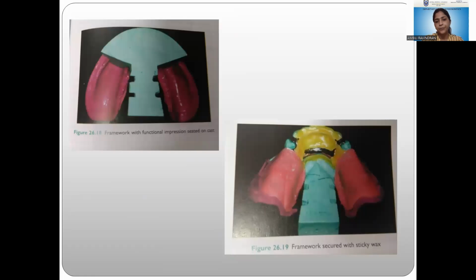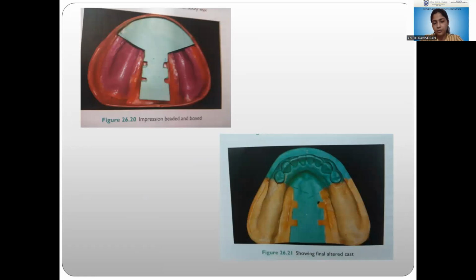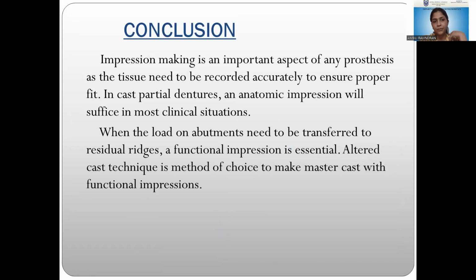After the material is set, we'll remove the cast and do the rest of the trimming, and the final cast will look like this, where the teeth are recorded with an anatomic impression, and the edentulous area, soft tissue, is recorded with a functional impression. So this is the altered cast technique.